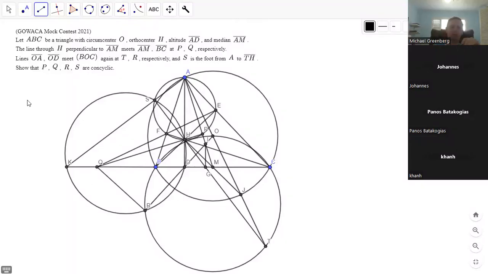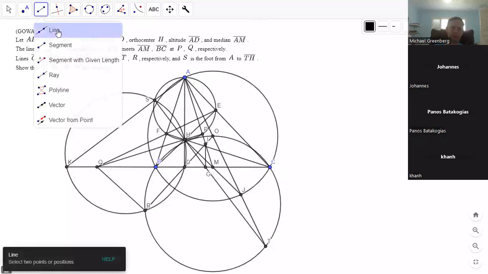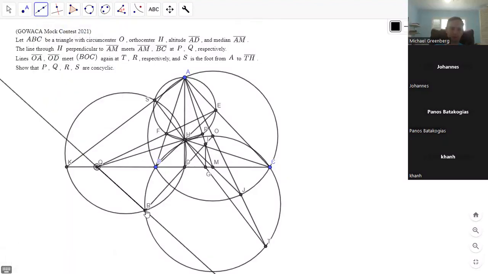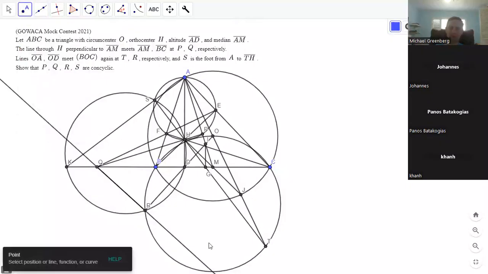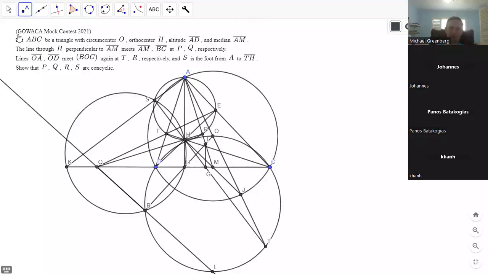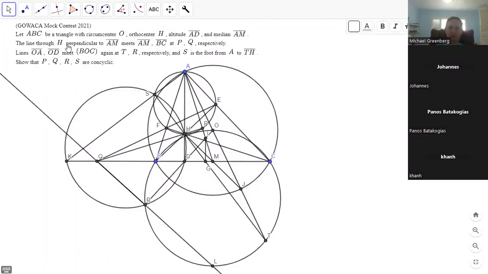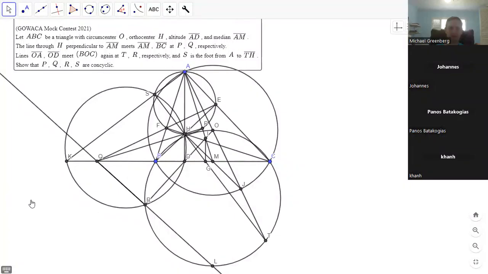Okay, so if this is a right angle right here, maybe we should draw this point, because then that means this is the antipode of O. So L, O, and M are collinear, and we would have a couple things.